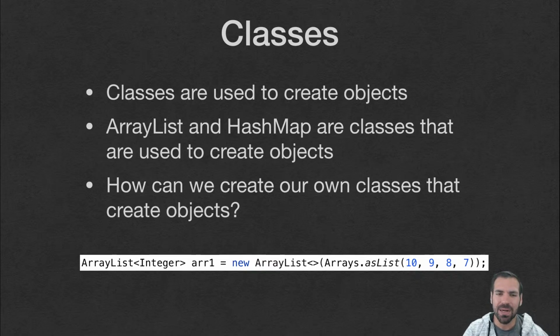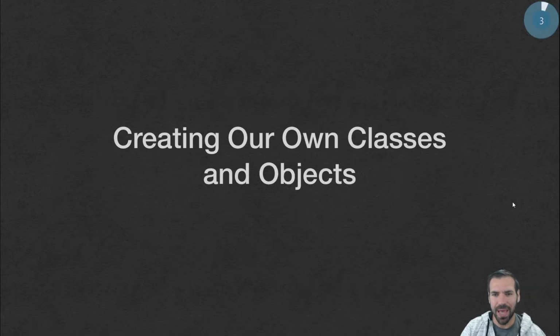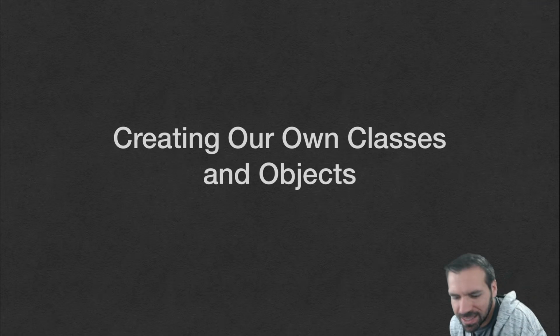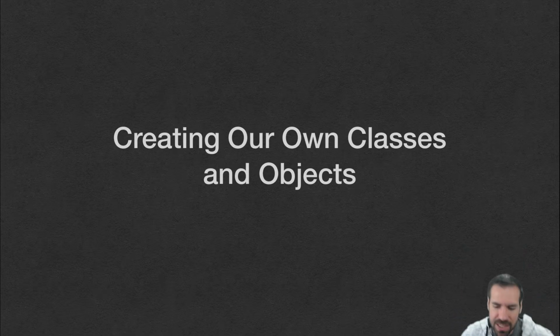But now what we want to do is go to the other side of this. We want to look at what's going on there and actually write our own constructors so we can create our own objects of our own types, instead of only creating array lists and hash maps and strings as objects on the heap. We want to be able to write our own classes, our own types, and create our own objects. So let's see how to do that. We're going to write a class that's used to create an object, which is, dare I say, the primary use of classes.